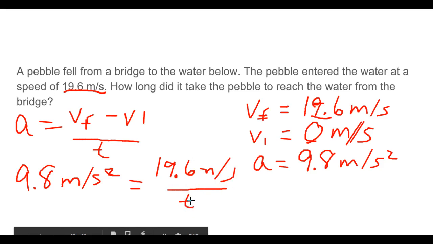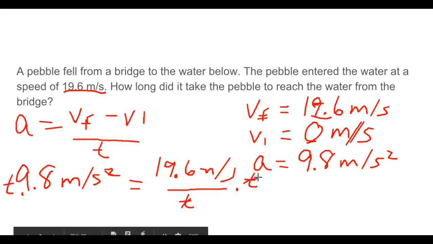Now, this is where we've been getting stuck, is how to solve that one when the unknown is on the bottom. So essentially what I want you to think about doing is solving for t. To solve for t, we're going to multiply both sides by t. Okay, so these two cancel.